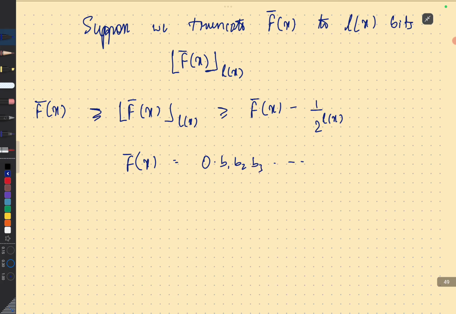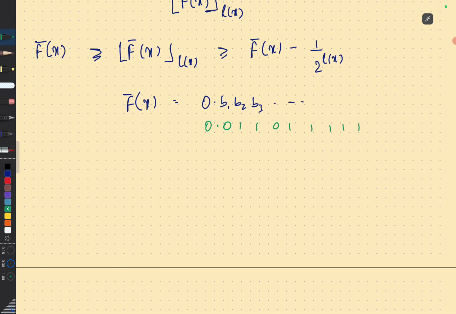For example, this could be 0.011011111. All right. So this is effectively the same as saying summation i equal to 1 to infinity b_i 2 to the power minus i.